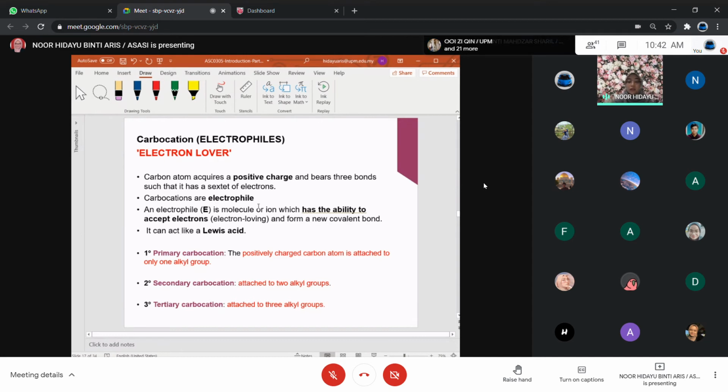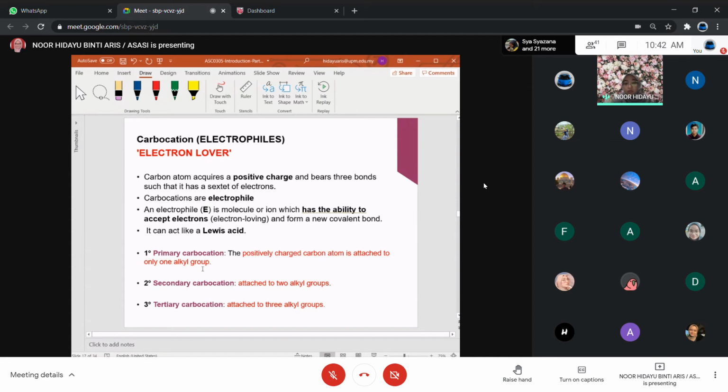Carbocation are electrophile, tak ada electrons. And electrophile, the symbol is E, is molecule or ion which has the ability to accept electron. Okay, and form a new covalent bond. So it can act as a Lewis acid. Okay, function dia kena terima, has the ability to accept the electron.